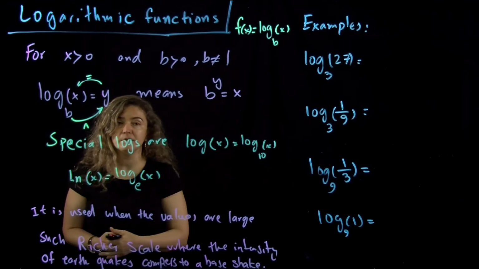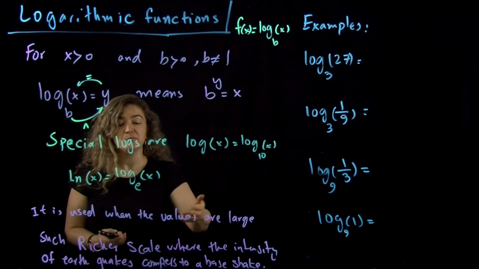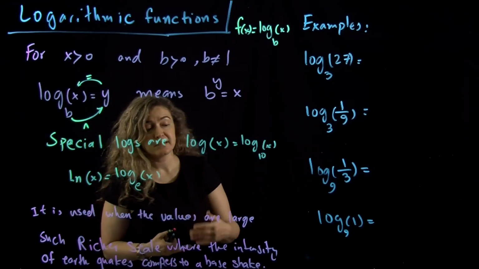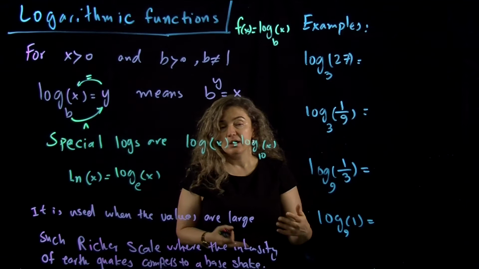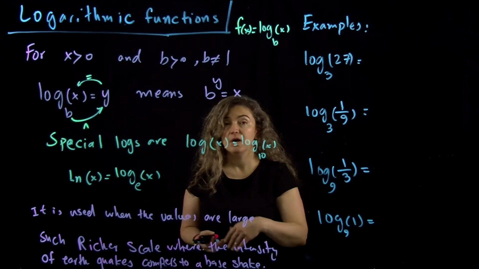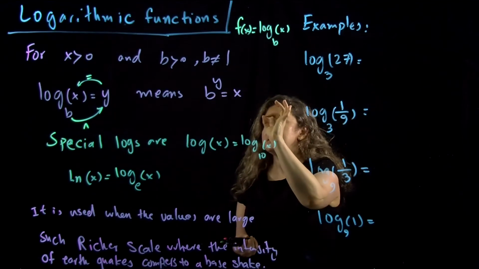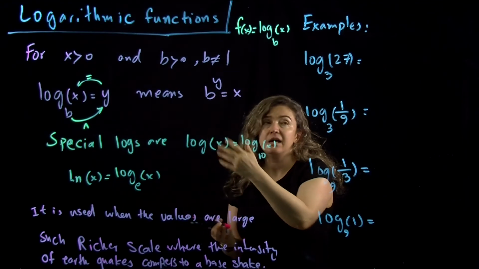But then we want to figure out what a star earthquake is compared to, and intensity can be very, very large, and we just need to know how it compares, and we use logarithm to basically bring it down to the exponent.